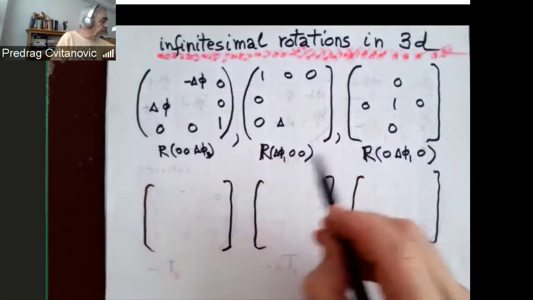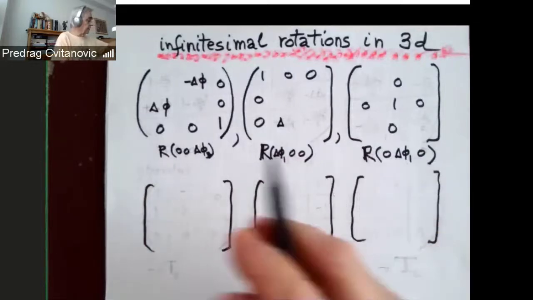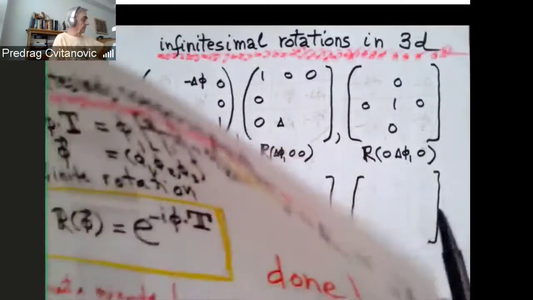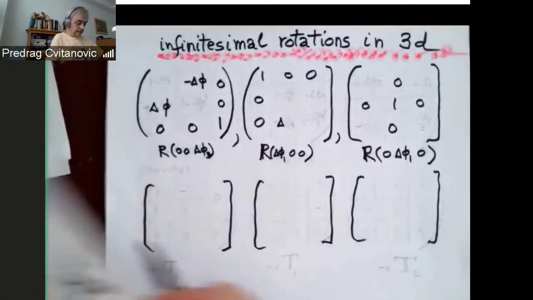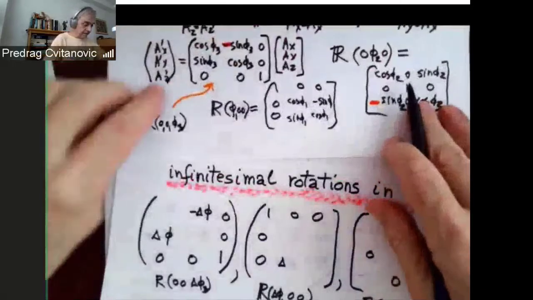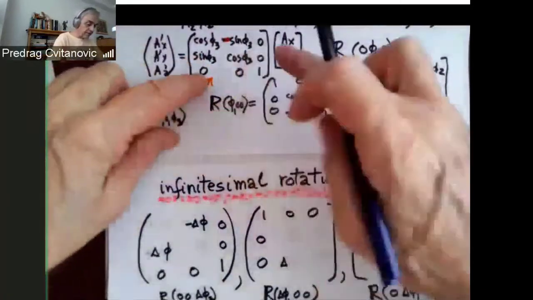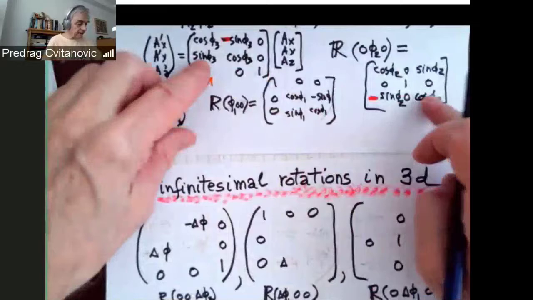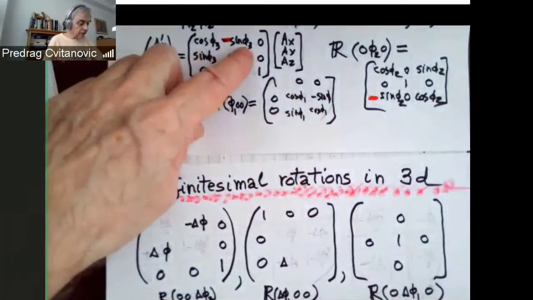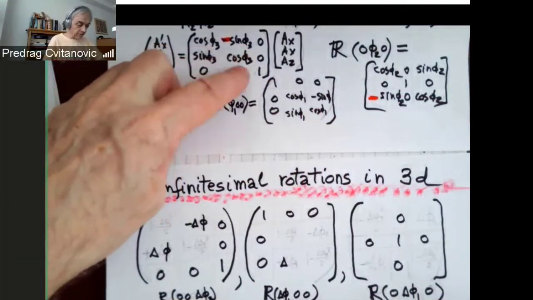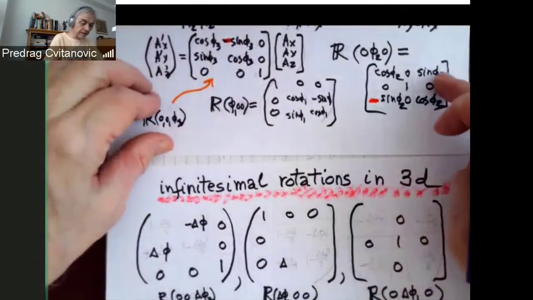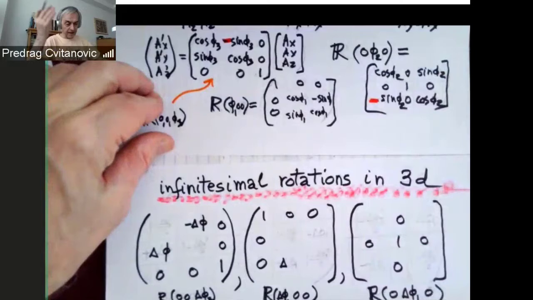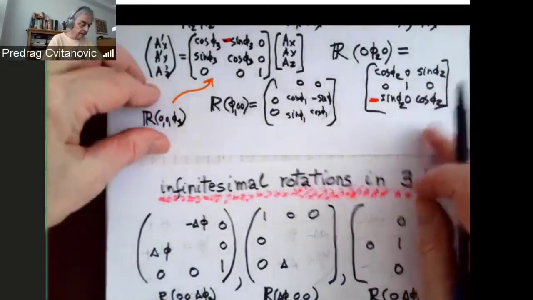Well, this is, let me remind you what I am looking at. I'm looking at these 3 rotations, this one, this one, this one, and I'm keeping the leading terms in sines and cosines. Right now, the leading term in sine is just proportional to its factor.